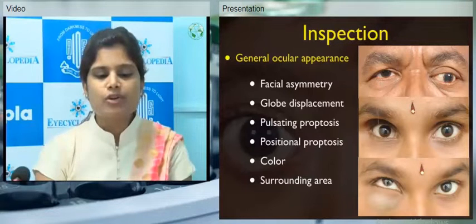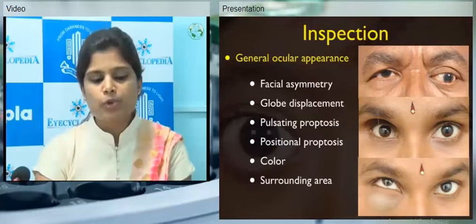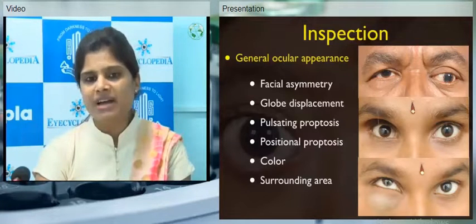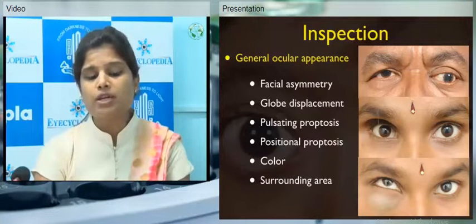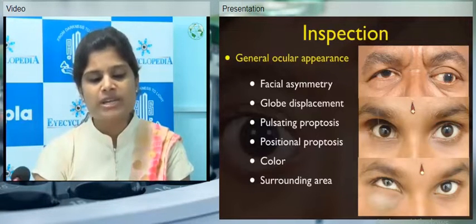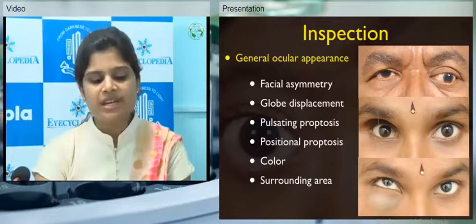Or if it is red in color, it may be associated with hemangioma. If it is blue in color, like in this case, it can be a varix, or a lymphangioma, or sometimes just a blood clot that has occurred, especially after trauma. So inspection of the surrounding area is very important.